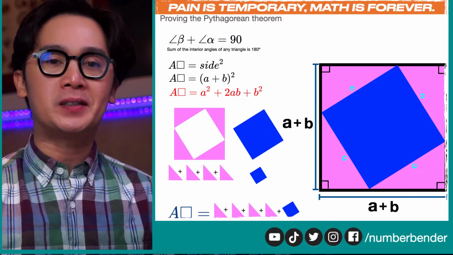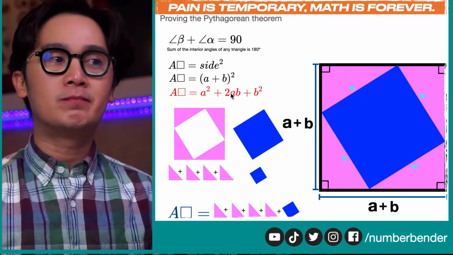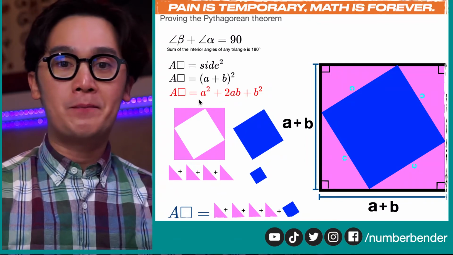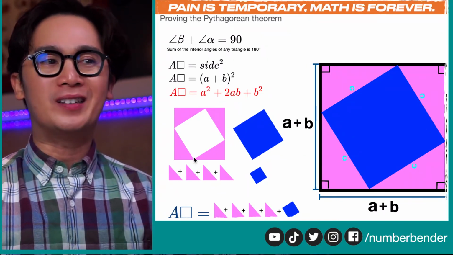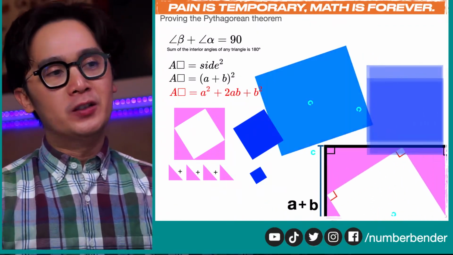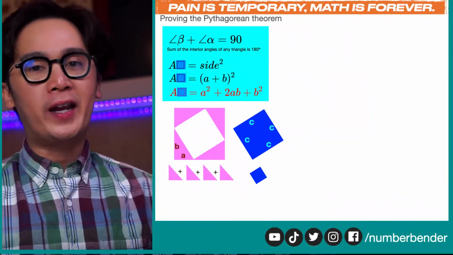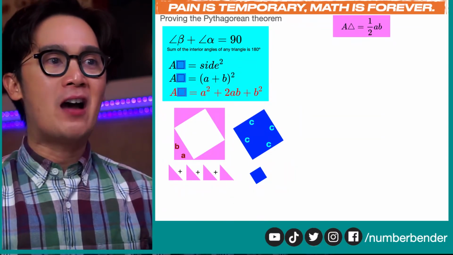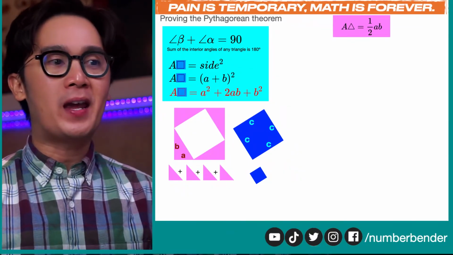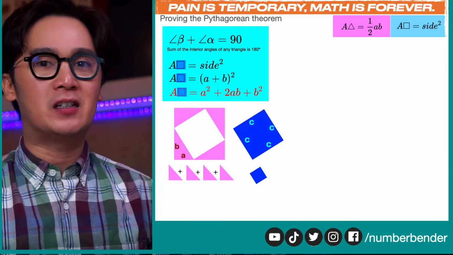Let's see if the sum of these shapes will equal the formula that we established a little while ago. So let's start finding the areas of those little triangles, which is half of a times b, and the square, which is side squared.